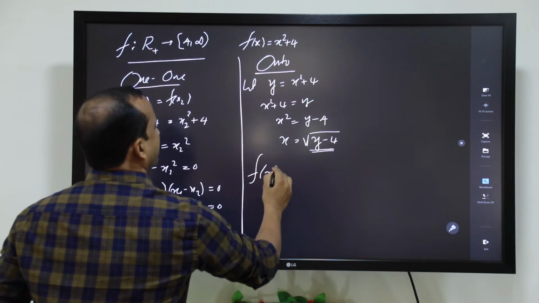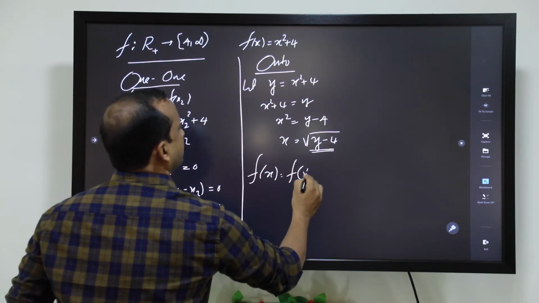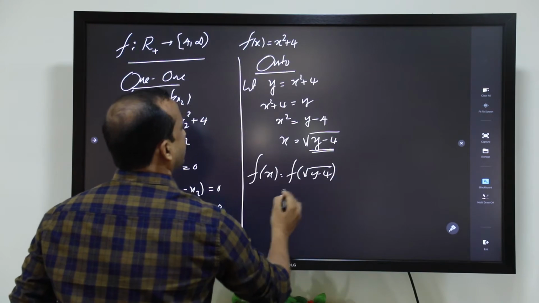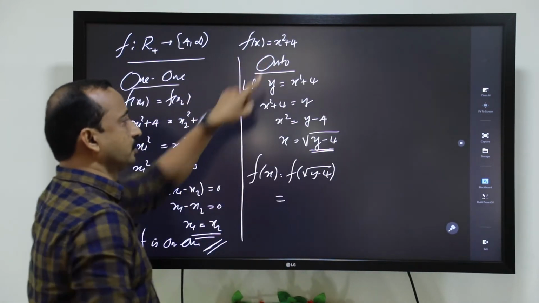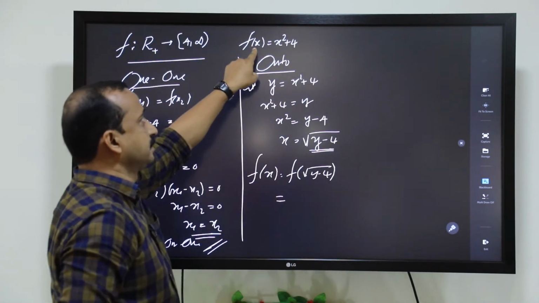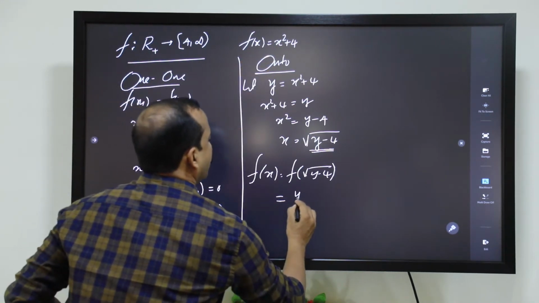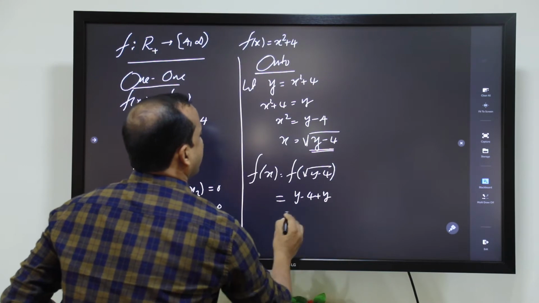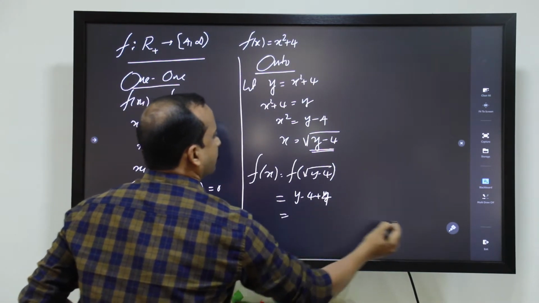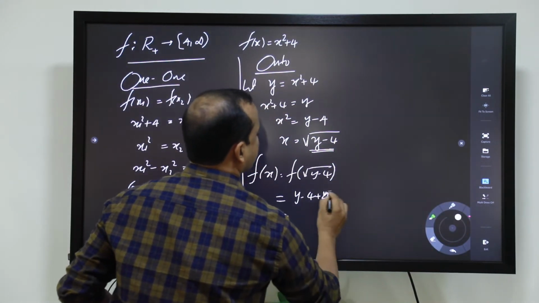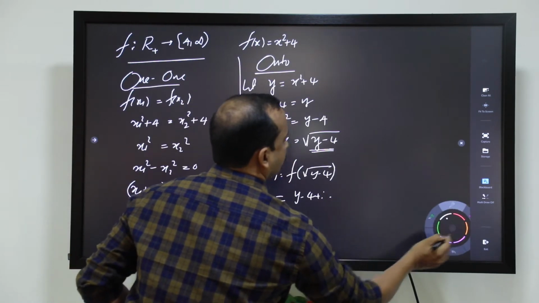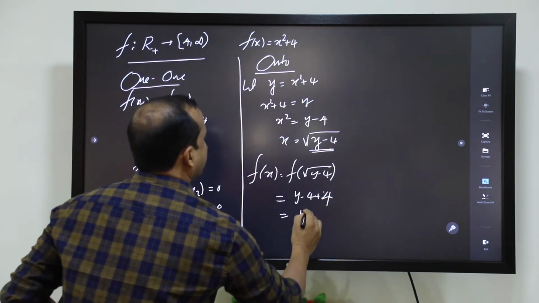Now we find f of root of y minus 4, that is, root of y minus 4 the whole square plus 4. When we put x equals root of y minus 4, we get y minus 4 plus 4, that is, we get y.